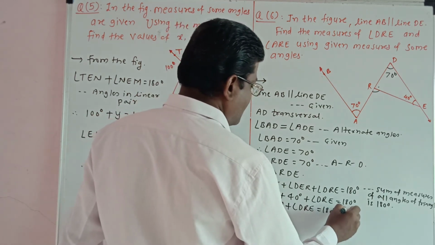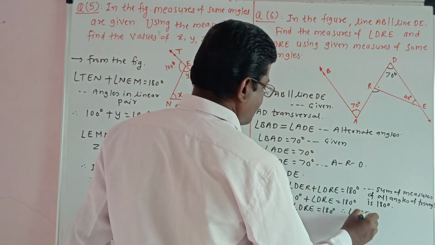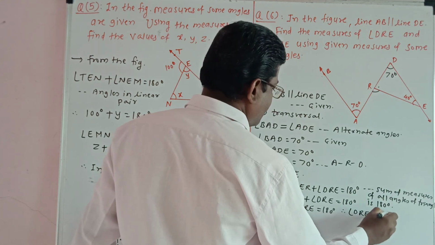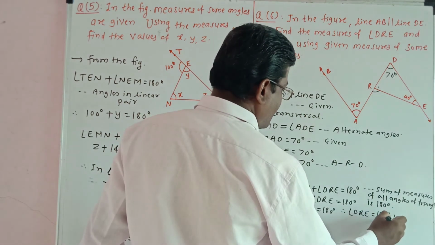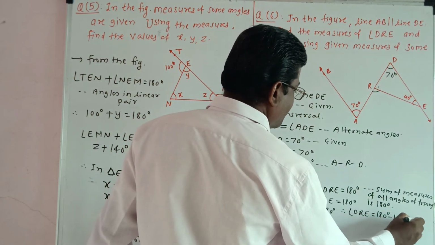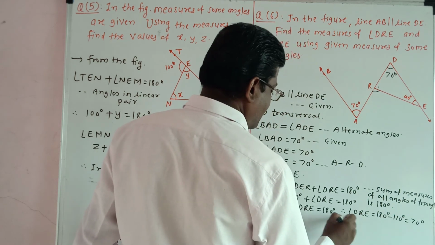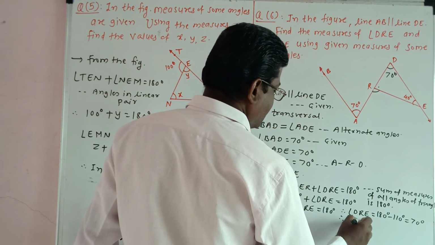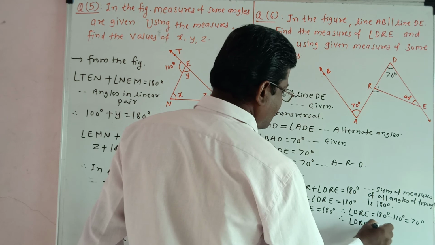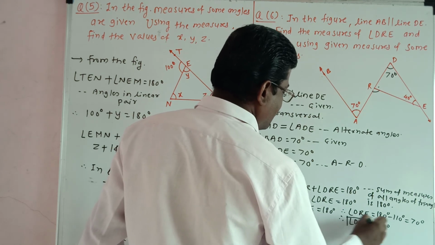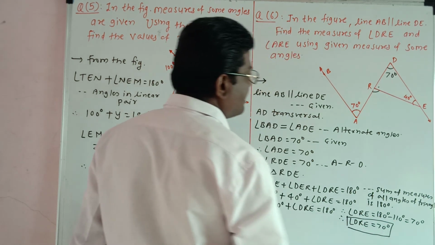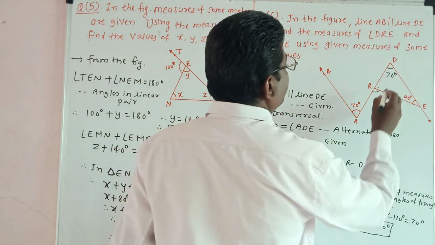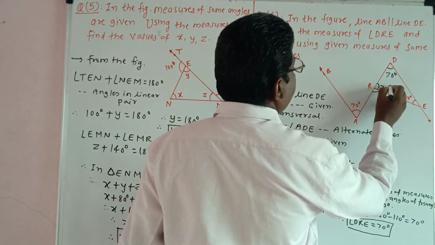Therefore angle DRE is equal to 180 degree minus 110 degree is equal to 70 degree. Therefore angle DRE is equal to 70 degree.